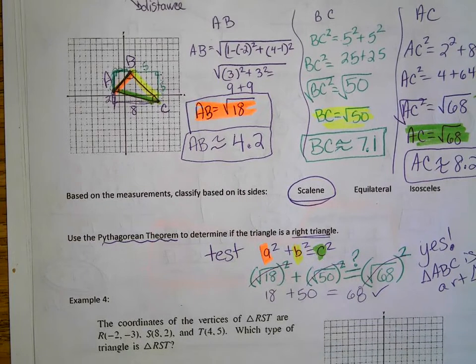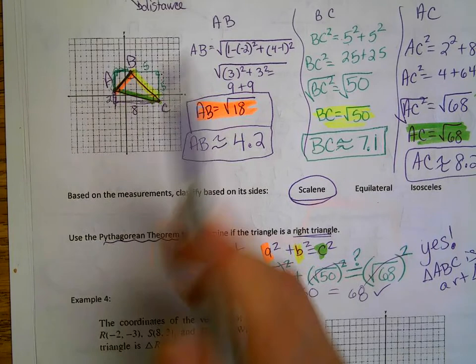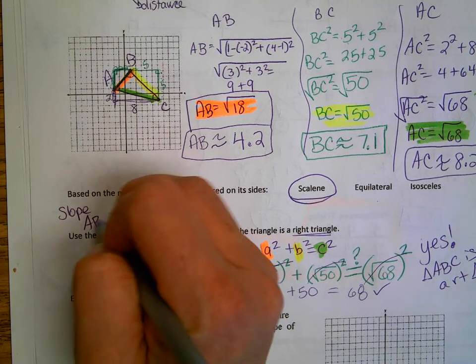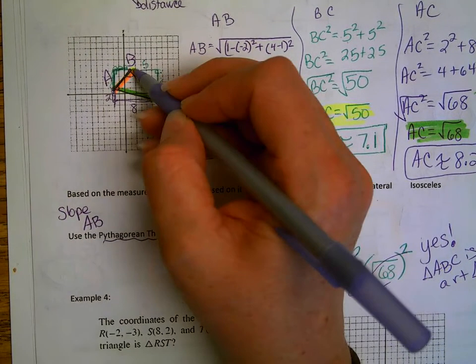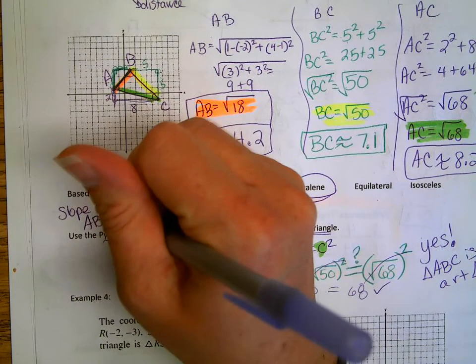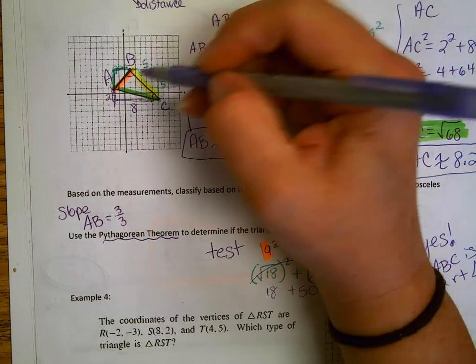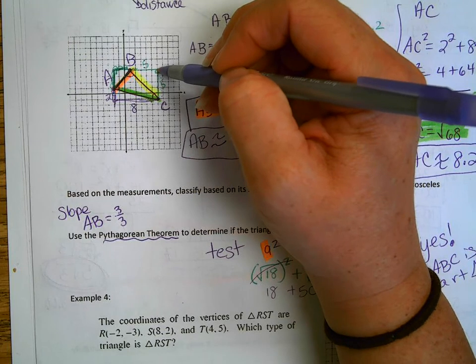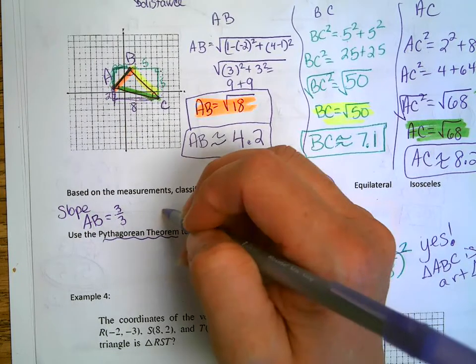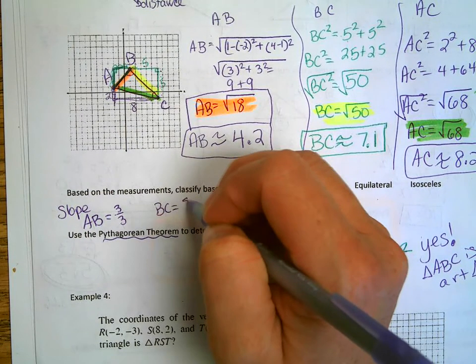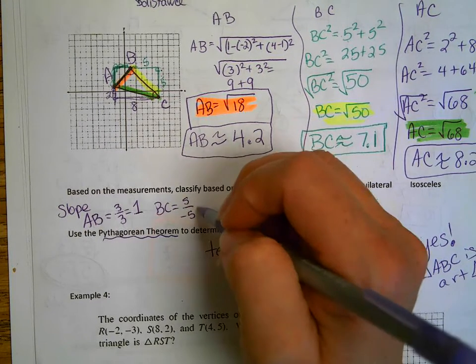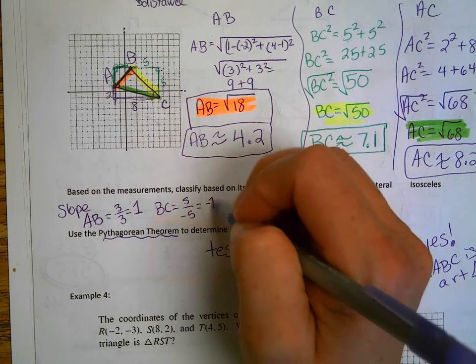Okay. One other thing we can do to find out that it's a right triangle is the slopes. If I knew the slope of AB is up 3 and to the right 3, that is 3 over 3. And I know the slope of BC is rise 5 to the left 5. That means the slope of AB is 1 and the slope of BC is negative 1.